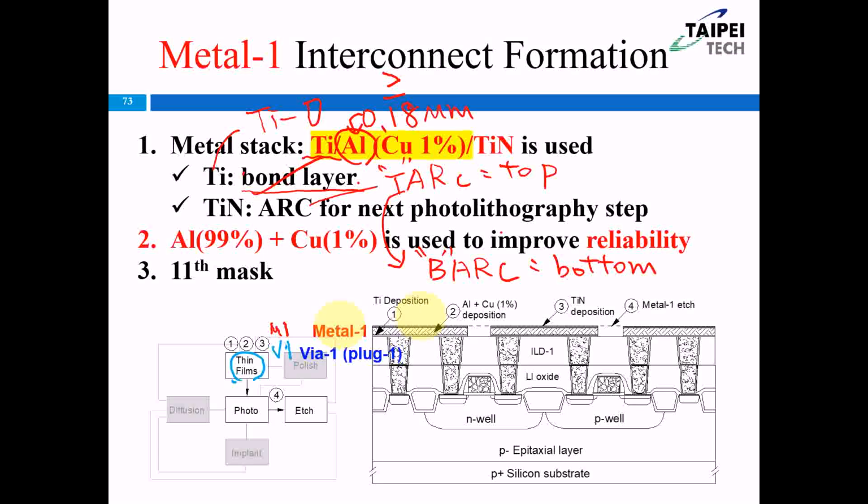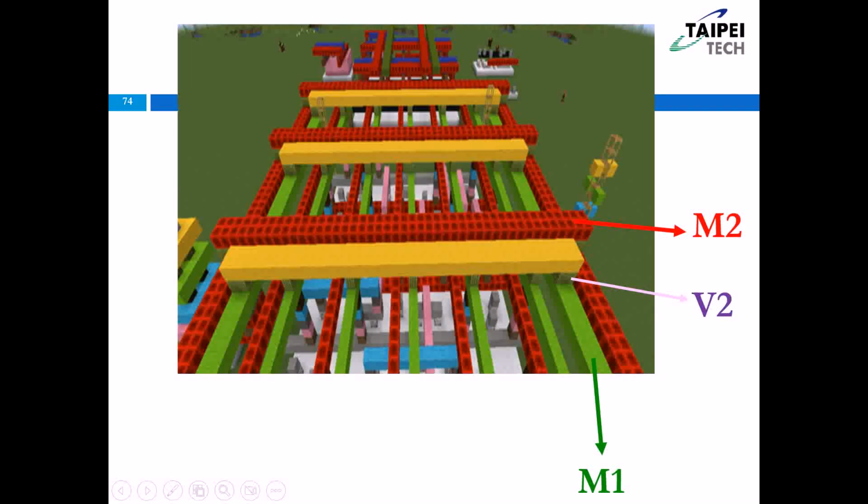So right now, we talk about how to fabricate the M1, metal one. I use this simple structure to give you a sense of what interconnect means. For example, M1, followed by VL2, and then followed by M2, okay?